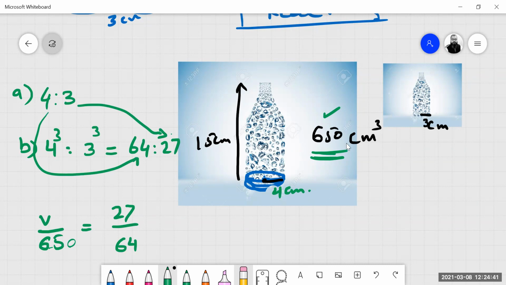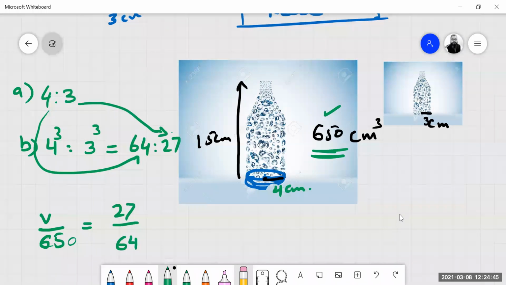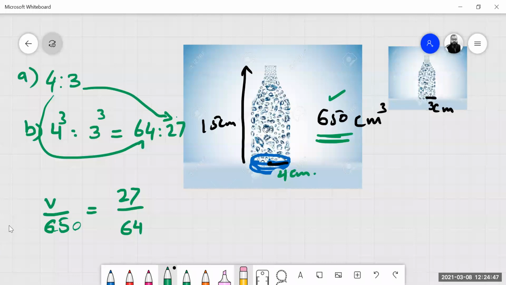I hope you understand it. Please, sir, repeat the last part. Okay, this V is the volume of the smaller bottle which we want to find. Correct?